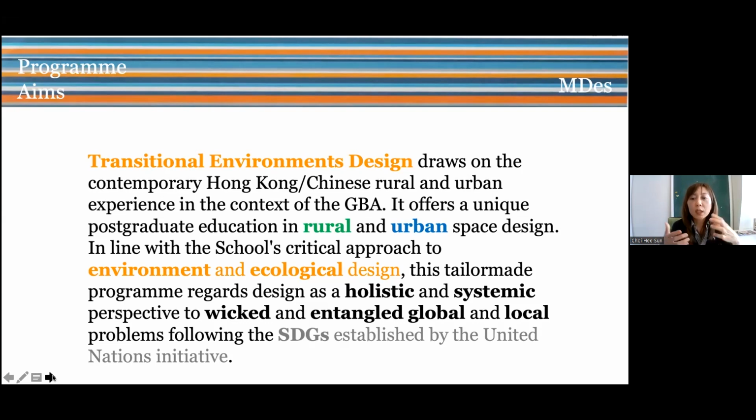In this course, TED, that is what we are delivering and leading the program to focus on, with ecological and ecosystem thinking and the multiple layers of the environmental aspect.